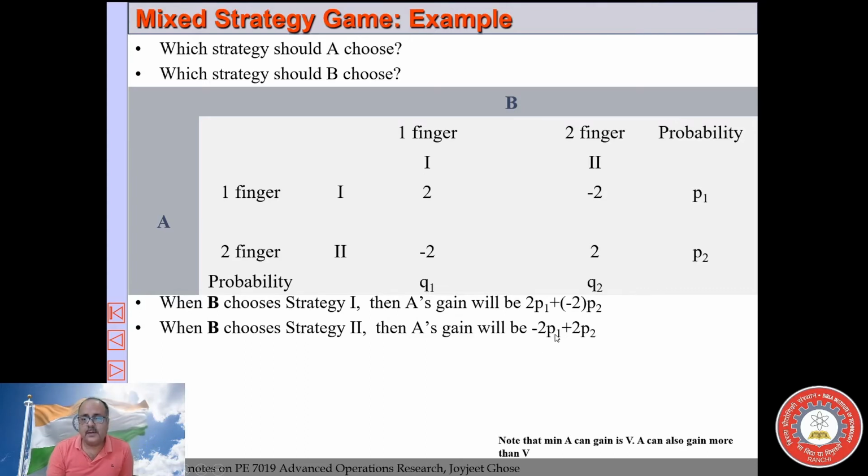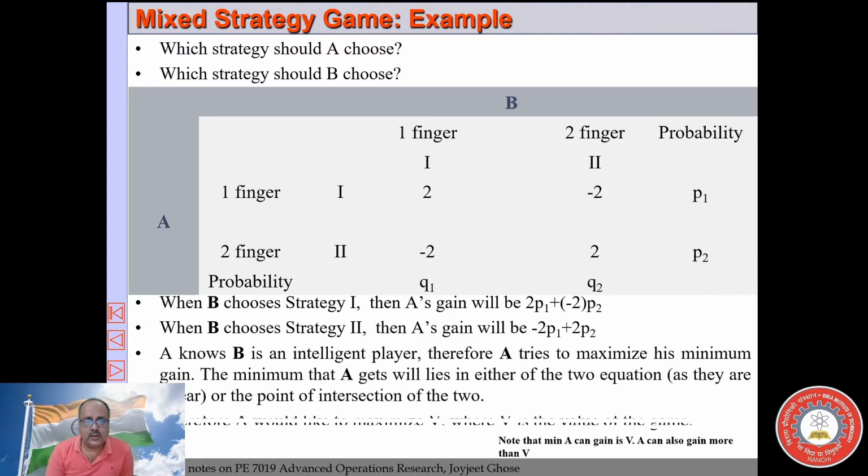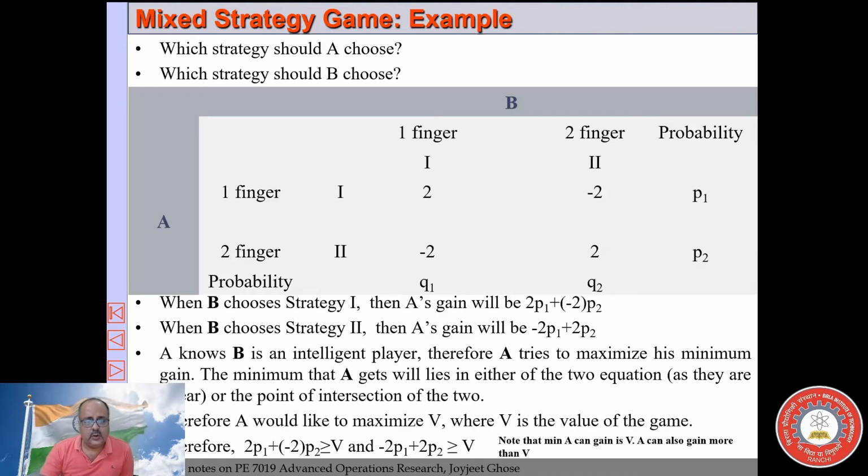So the minimum that A gains is the value of the game, that is V. So 2P1 minus 2P2 is greater than or equal to V. Similarly, the other equation will be greater than or equal to V. A stands to gain more than V, or the minimum is V. So A tries to maximize his minimum gain, and his minimum gain is V.